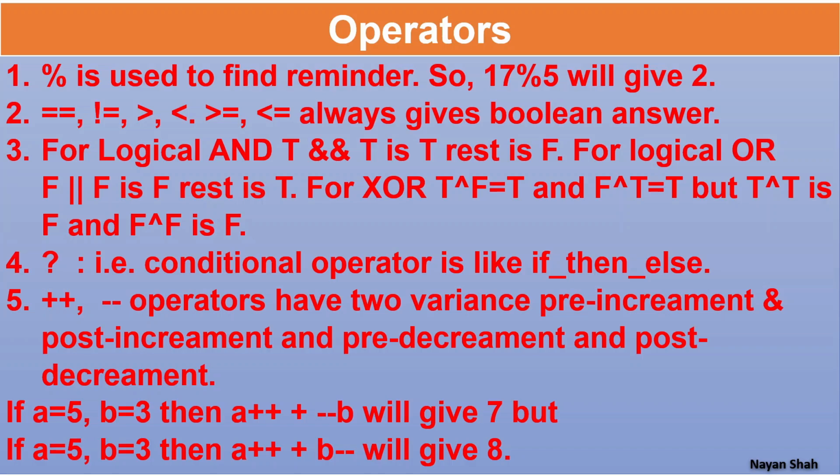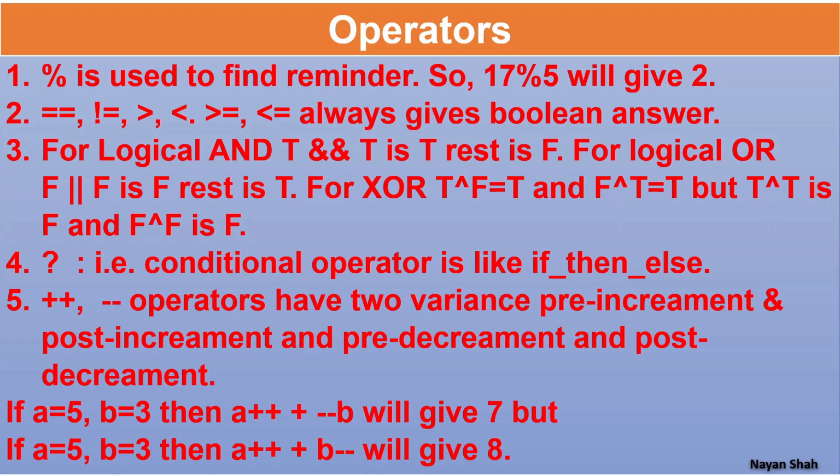So a plus plus plus minus minus b will give me 7, because a is 5 only, it will not become 6 because it is post-increment. But b is pre-decrement, so b will become 2. Before we do the calculation, b becomes 2 from 3. So 5 plus 2 is 7.